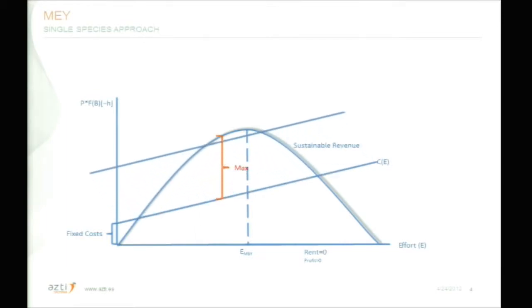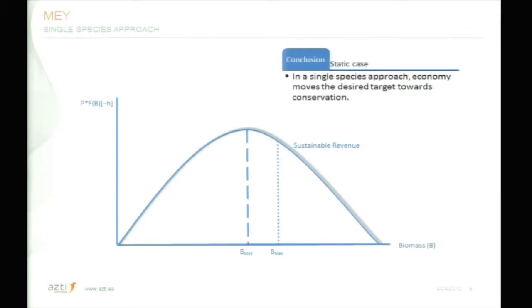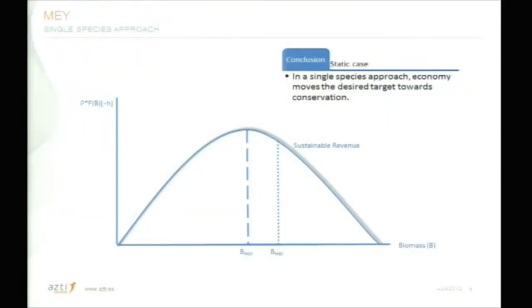Doing so, what we obtain is this value, which is the effort related to the MEY. And if we look at it from the biomass point of view, we have the first conclusion of this single species approach and in a static case, which is, in a single species approach, economy moves the desired target towards conservation. So, a first conclusion.